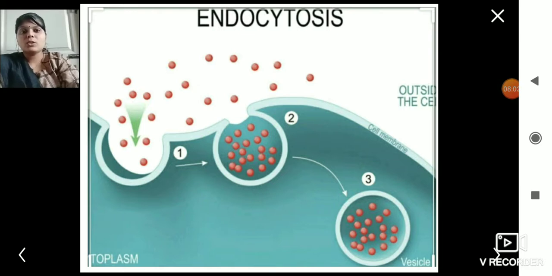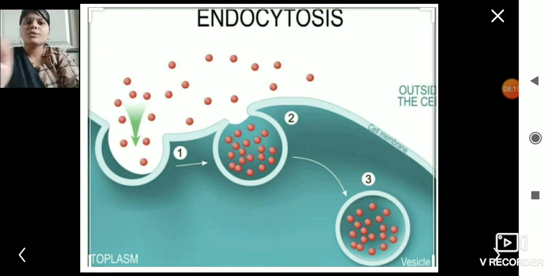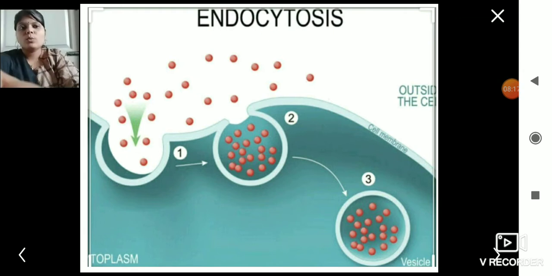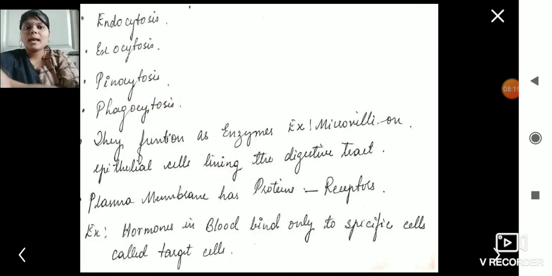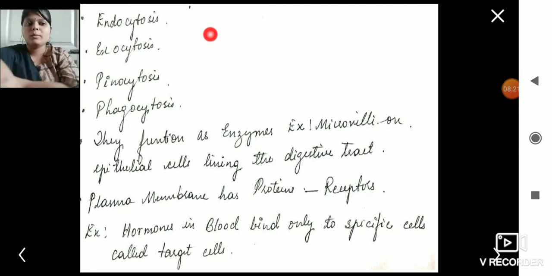So whatever materials are there outside, the cell is just going to take them in, and then digest them. If it is required by the cell, it will keep it inside, otherwise it is going to let it out. Letting it out, we call exocytosis. What do you mean by exocytosis?